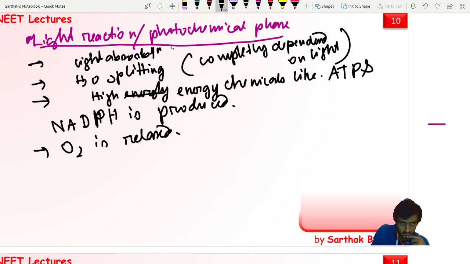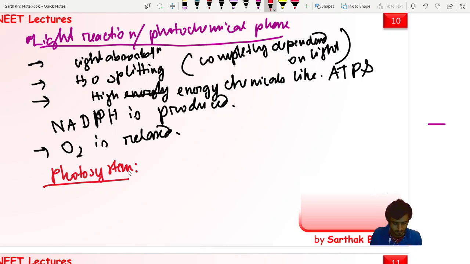So in the next section, we have some different kinds of photosystem. So basically, what is a photosystem? A photosystem is a type of machinery.